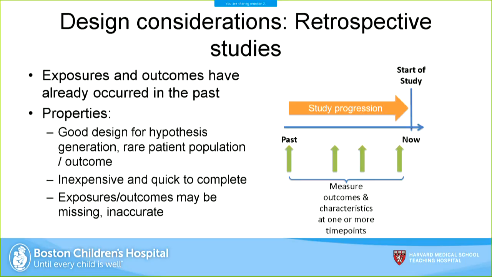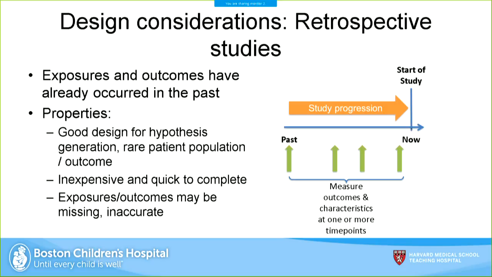So in contrast, in retrospective studies, all of the data, the exposures and the outcomes, have already happened in the past. So you're at the start of the study, you're going to look backwards in time, and you're going to capture a cohort of subjects where you're going to measure their exposures and their outcomes of interest.